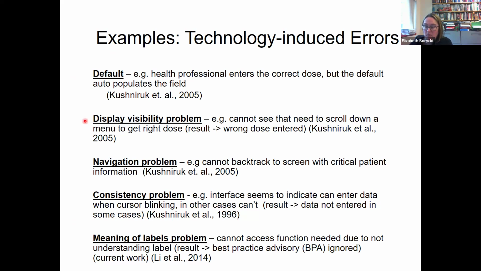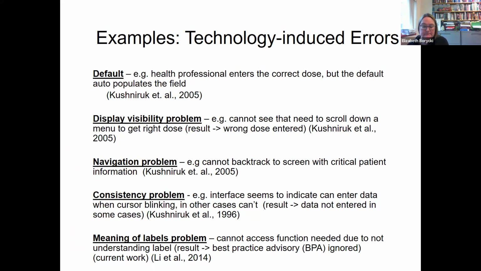The clinician can't make out what actually is being said by what is being provided in terms of information by the system, and they're unable to make a decision adequately because of the fact that they can't see what's there. Navigation problems, not knowing where to find what type of information. Consistency problems, problems where the user interface indicates one thing in one part and another thing in another.